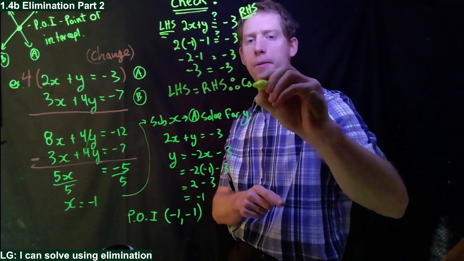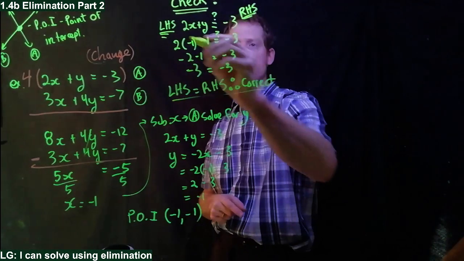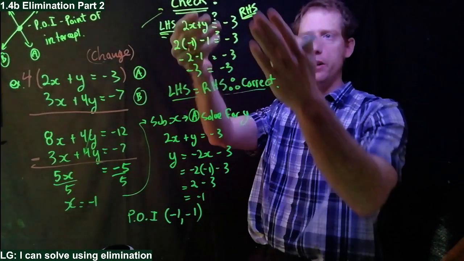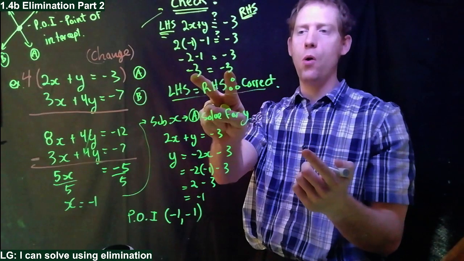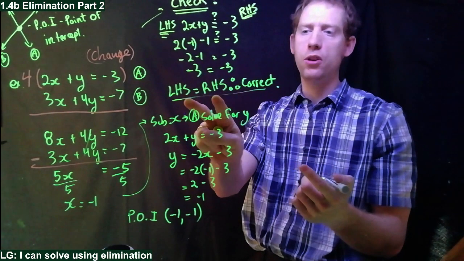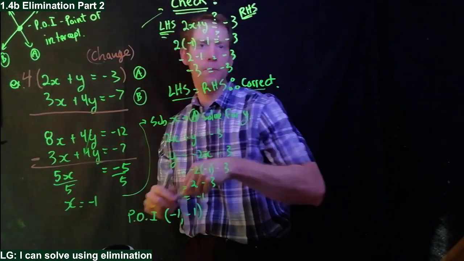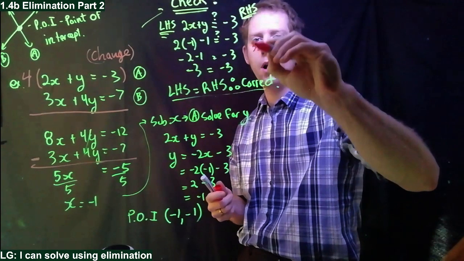Therefore, it's correct. So on a test, if you see the word check, you would do this process where you would have one of your equations, substitute the values in, and make sure that both sides are the same. Then you would use a statement right here. Maybe you would get 2 marks or 3 marks there for showing your work.